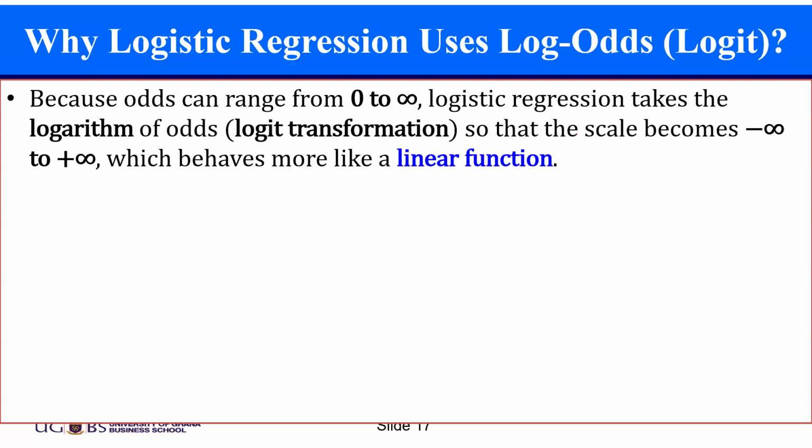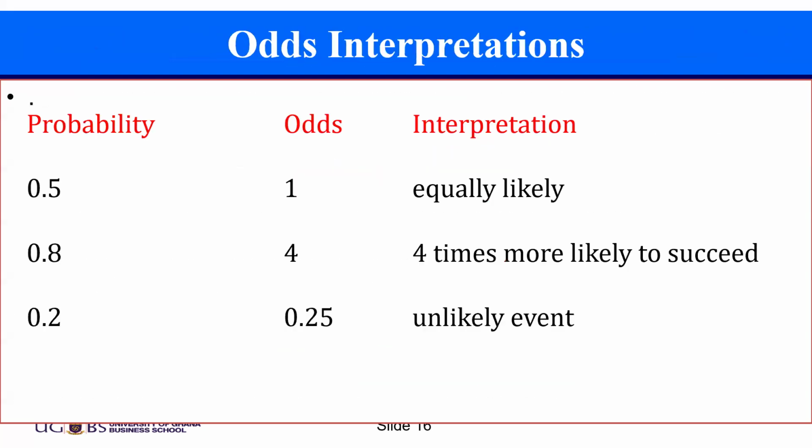Now, the odds that we just found, you should know by now that they range between 0 and infinity. These are some examples of the odds. They range between 0 and infinity. Who can tell me why they range between 0 and infinity?